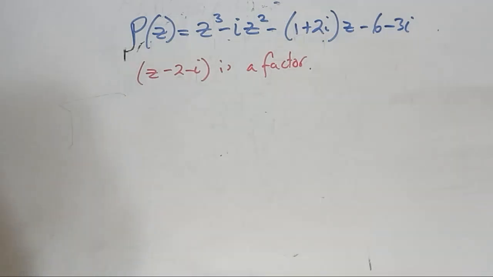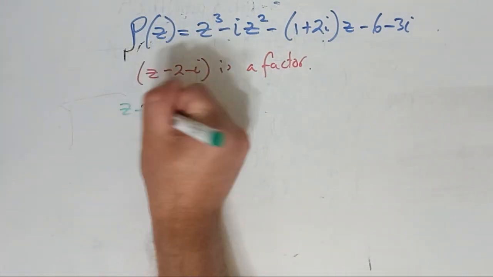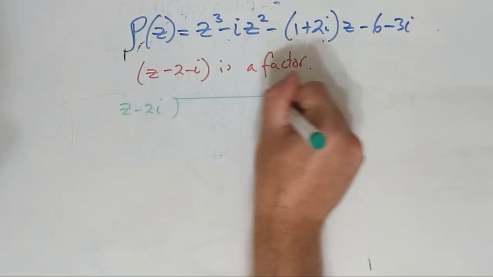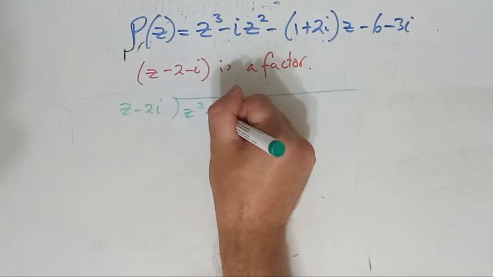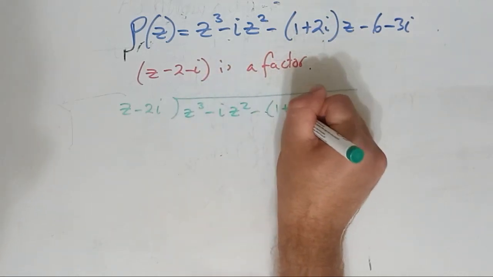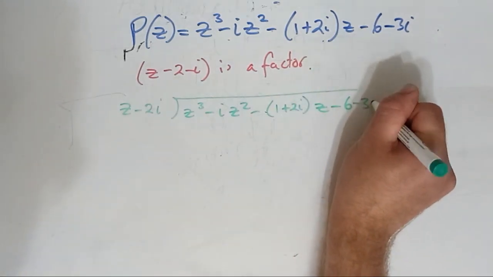We might give that a go in green. Might need to make some more room here. z minus 2 minus i into z cubed minus i z squared minus 1 plus 2i z minus 6 minus 3i.